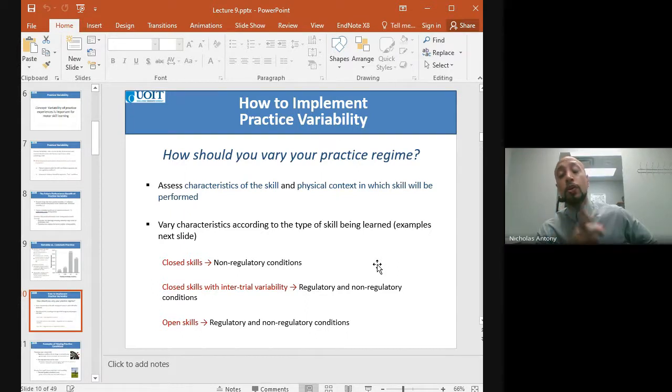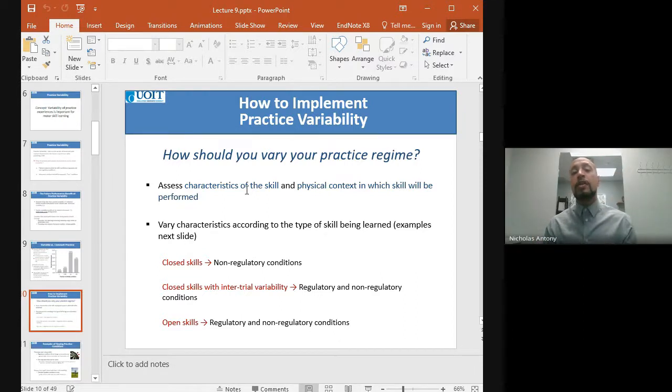Now that was a closed skill. So these rules are just sort of general because that study showed that you took a closed skill and did variations of where, like by changing the regulatory conditions, and it led to better learning. Generally, you want to consider the type of skill, whether it's open or closed, and whether or not there's intertrial variability, to figure out what would be the best things to adjust to maximize learning for that motor skill, right?